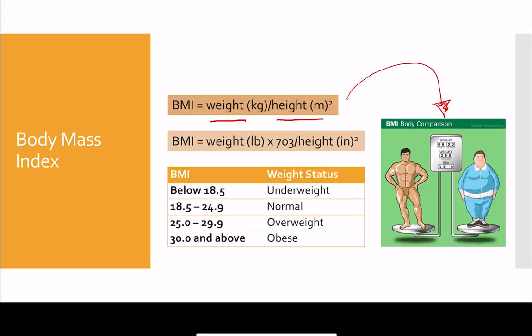So for your studying purposes, I would definitely know how to calculate the BMI. And I would also have a good general feeling about the cutoffs for BMI. I would certainly never give you a test question where it was 18.4, but generally speaking, you should know that the low 20s are normal, and when you get above 30, you're obese.